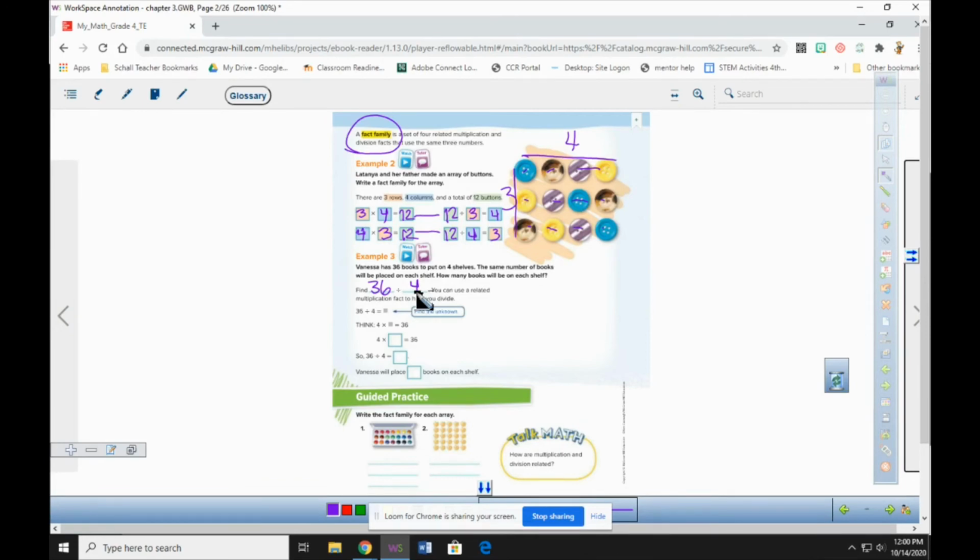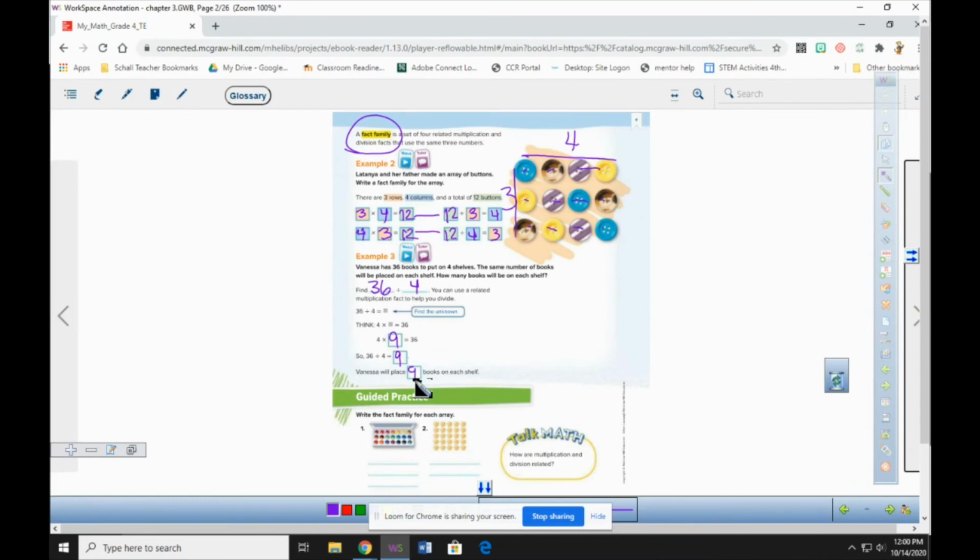So if we know that 36 divided by 4 is what we're looking for and we'll find the unknown, then we just need to think of it the opposite way. 4 times that unknown is going to give us 36. And if we know our fact families, we would know that 4 times 9 equals 36. So 36 divided by 4 is going to equal 9. Vanessa would place 9 books on each shelf.